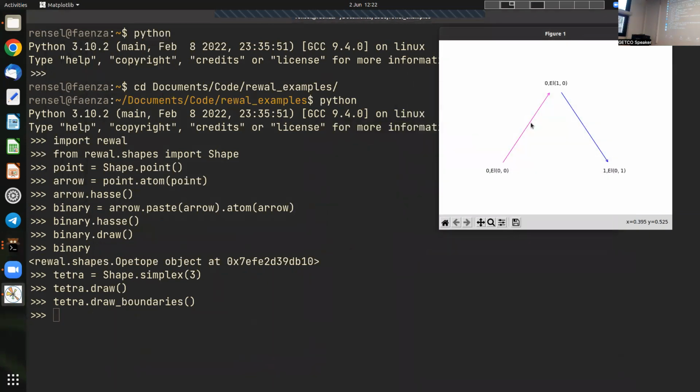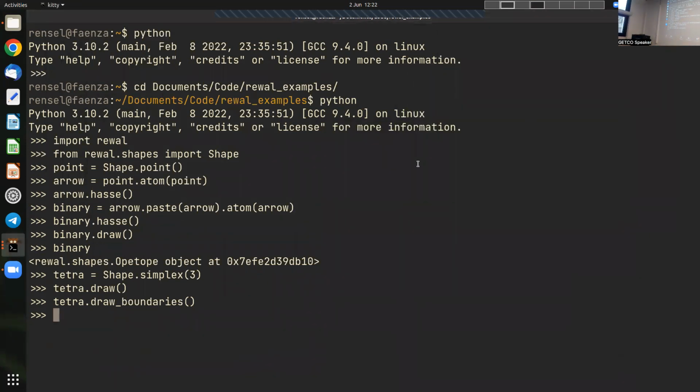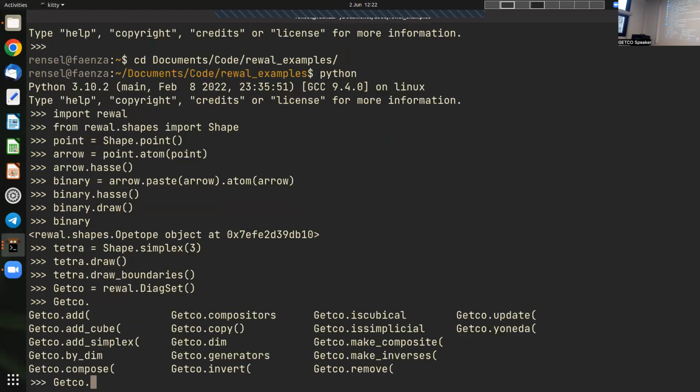I'm also going to quickly show you the actual complexes. These are implemented as this class Diag set. I'm going to call this GETCO. This has now created an empty cell complex. We can see all the things that we can do on it.